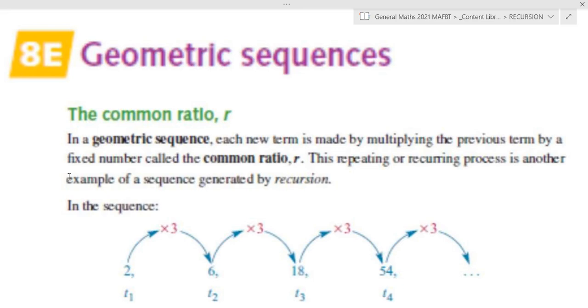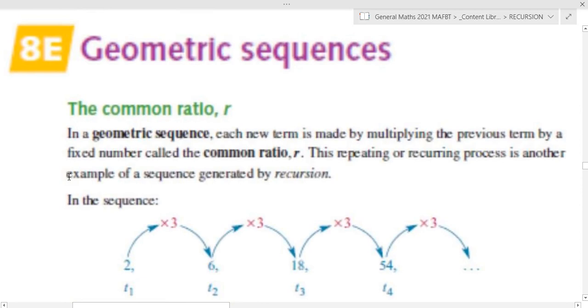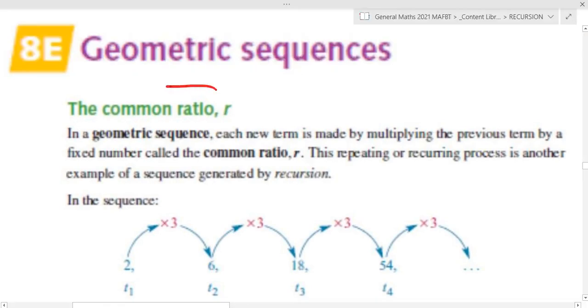So here we go. For 8E, on geometric sequences, we're going to look at the common ratio. The keyword there is common ratio. Instead of common difference, we're now using common ratio for geometric sequences. So when you're thinking of geometric sequence, think common ratio.